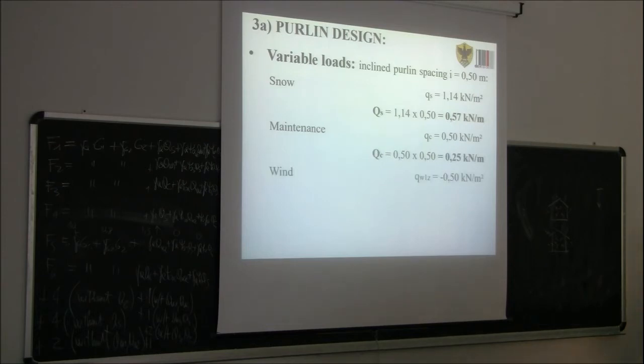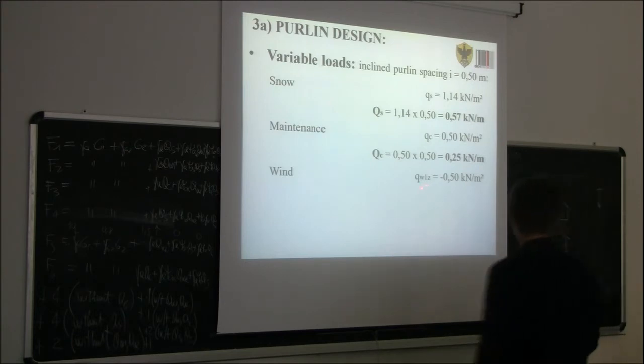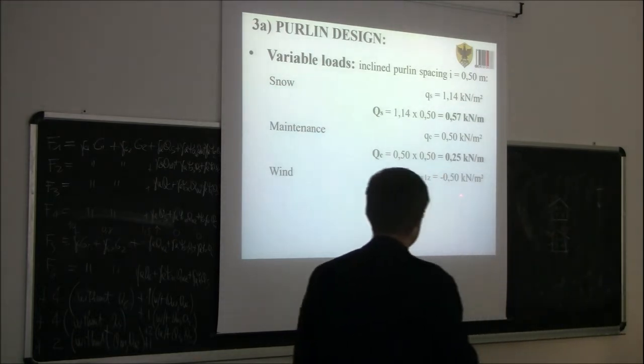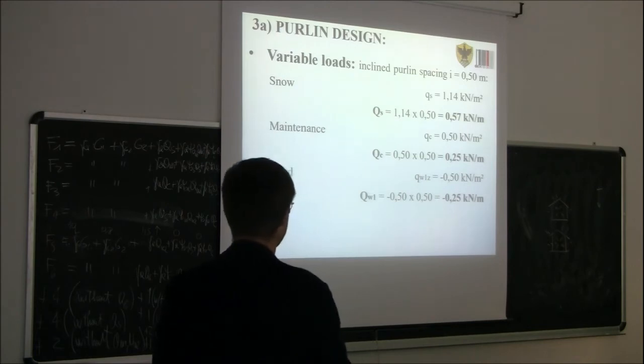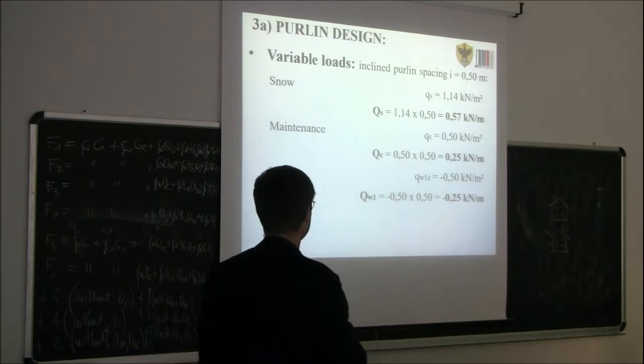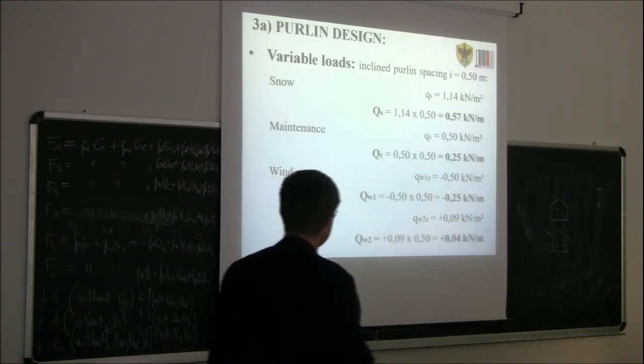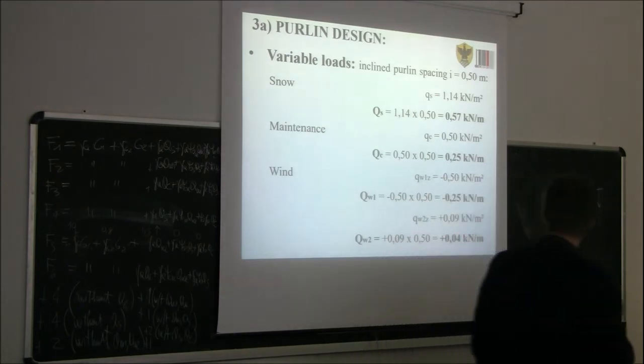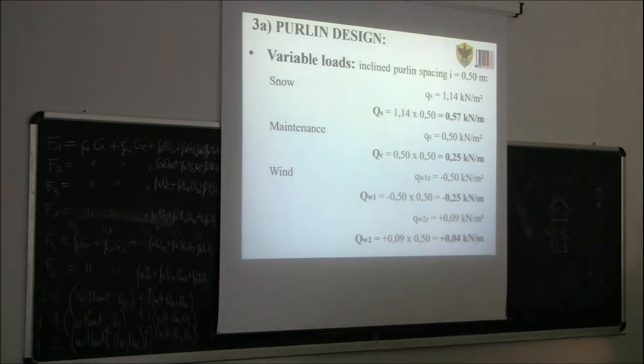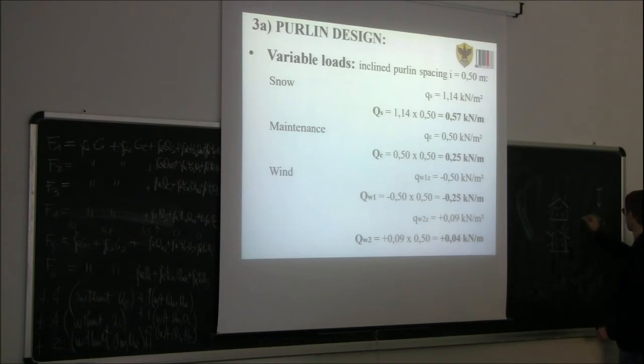The wind: QW1Z was minus 0.5 times 0.5, which is minus 0.25. QW2Z is plus 0.09 times 0.5, which is plus 0.04. So here we have two components, because if you remember, the wind acts in this direction. So for the wind there is a vertical component, and then there is a horizontal component.